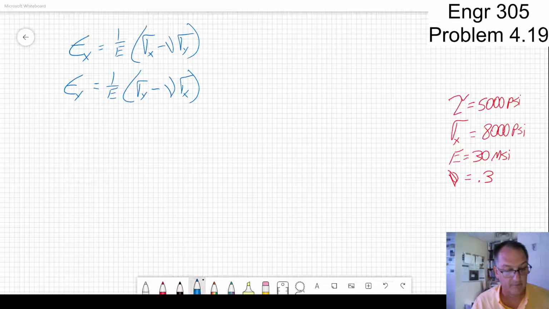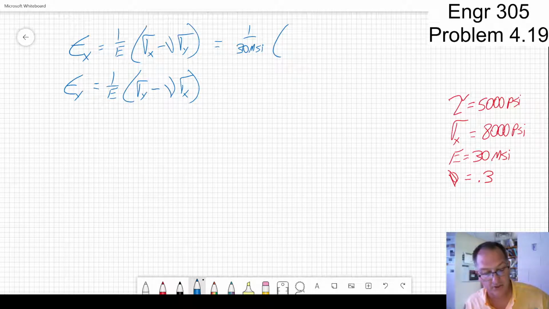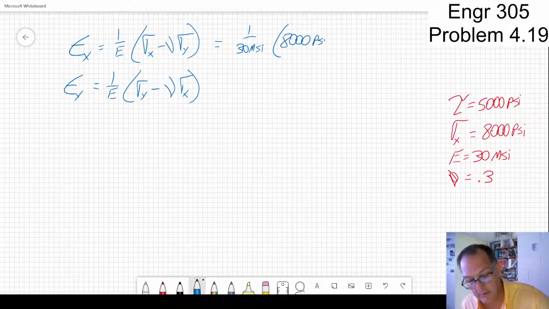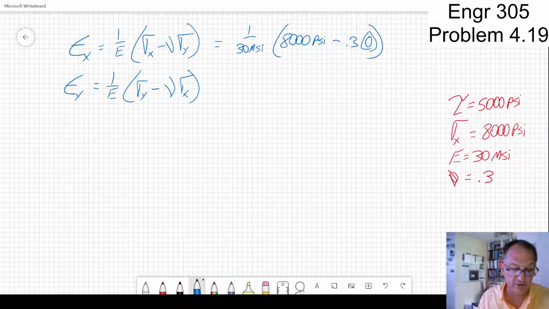So if I want to find my strain in the X, this is equal to 1 over 30 Msi times what the stress in the X was, 8,000 psi, minus Poisson times the stress in the Y, which was equal to 0. My units cancel out, which is good because strain is dimensionless.